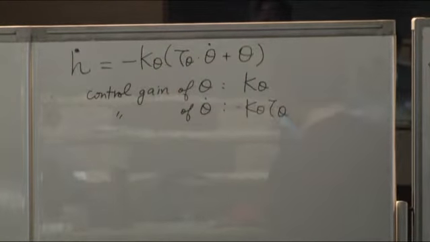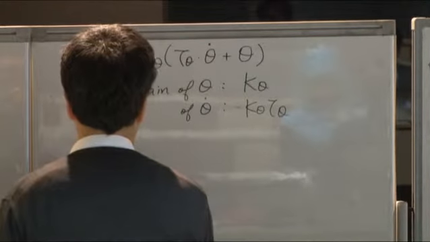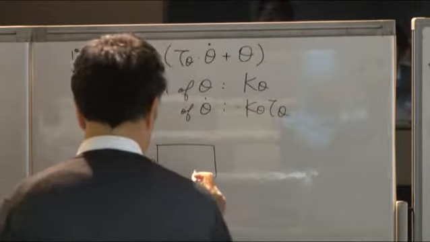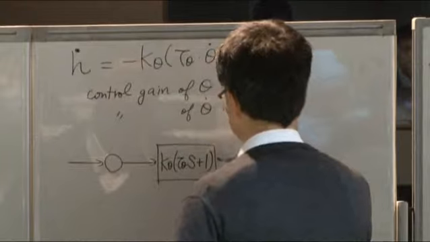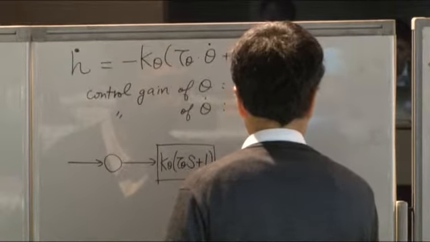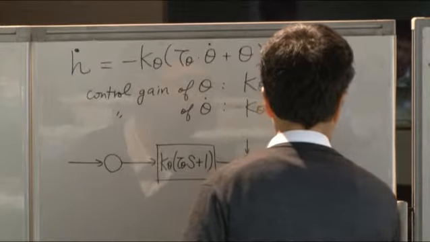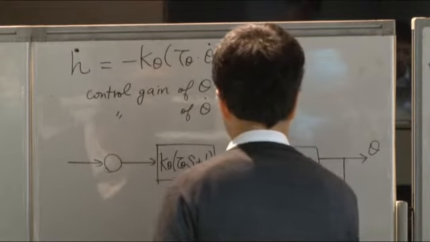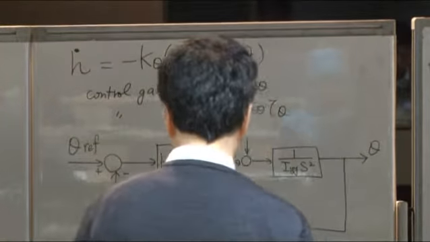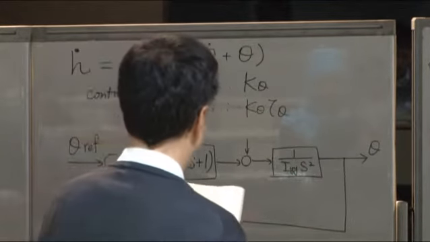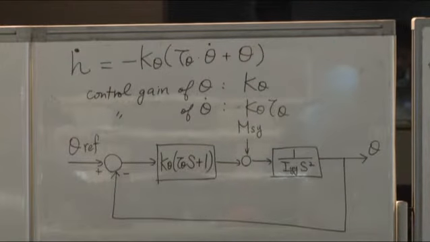If you write a block diagram, the total system is like this. So this is the total control system.